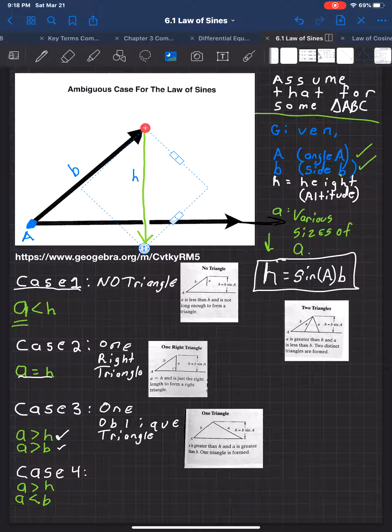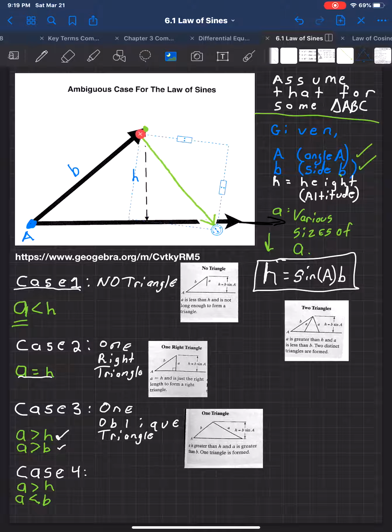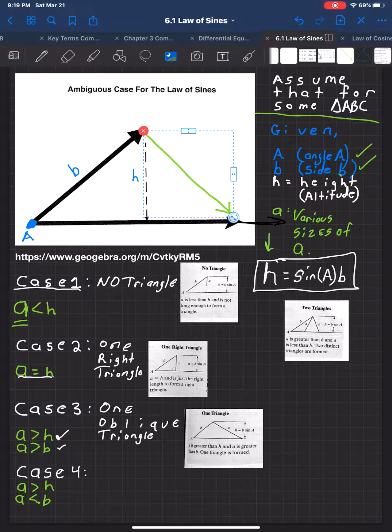But for case 4, because of those conditions, the length of A is larger than H, but less than B, you actually can get 2 different triangles, right? So here's one triangle. Here's one possible triangle. So what I just drew there, you would agree with me that that is definitely one triangle.